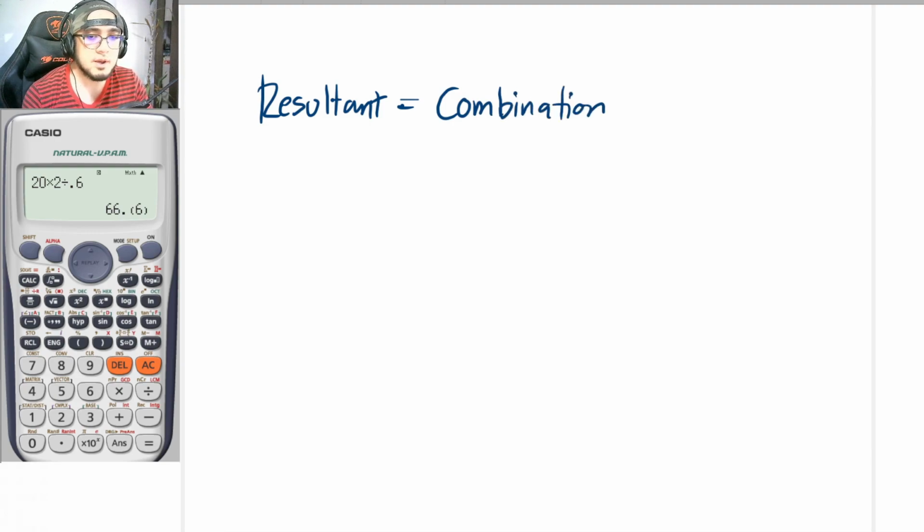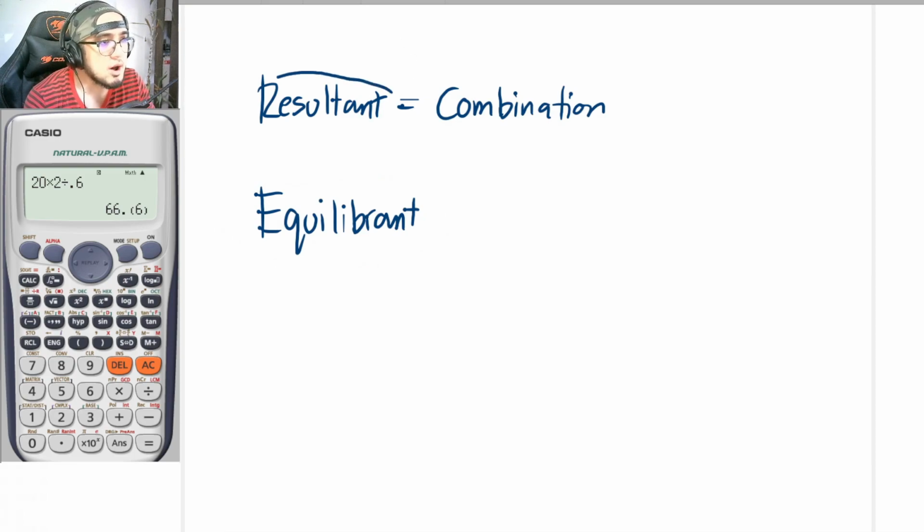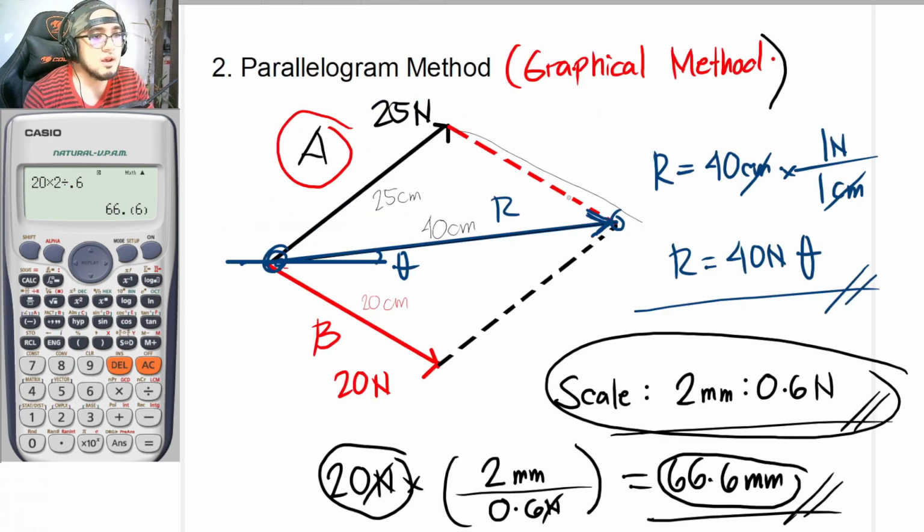However, if the question asks for the equilibrant, it is actually the opposite of the resultant. If this is your resultant and this is your arrowhead, then for your equilibrant, your arrowhead should be at this point.